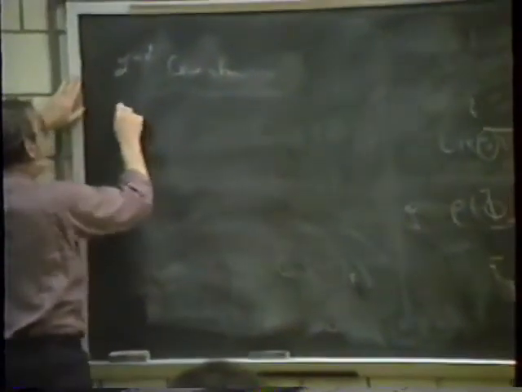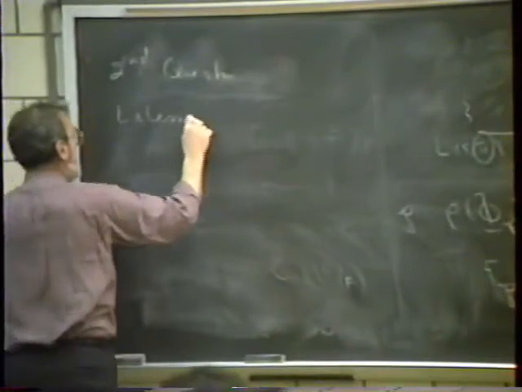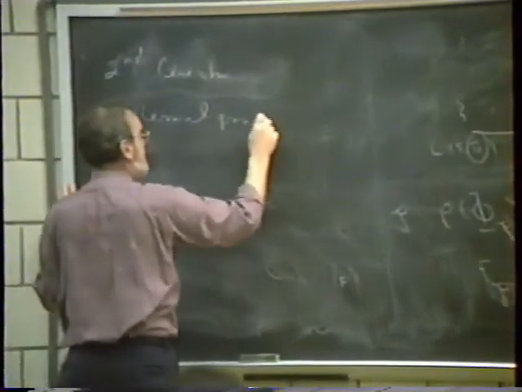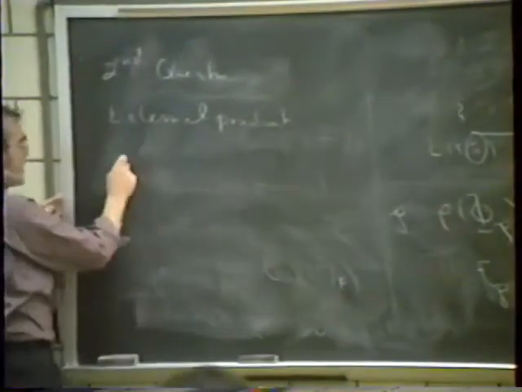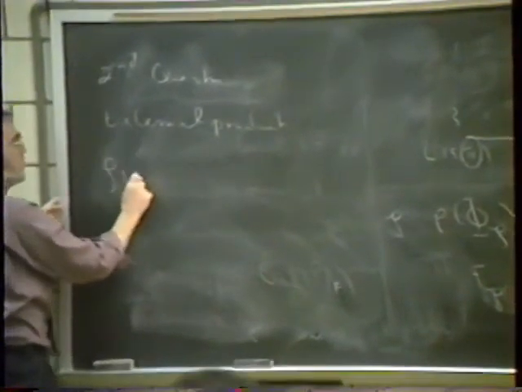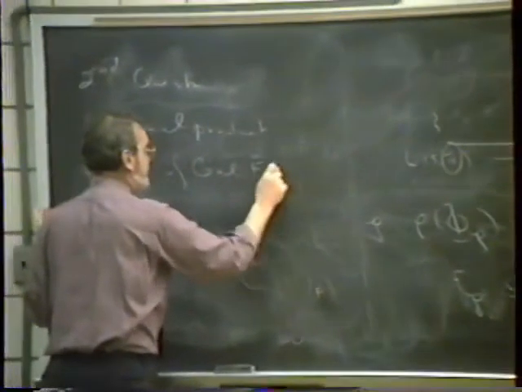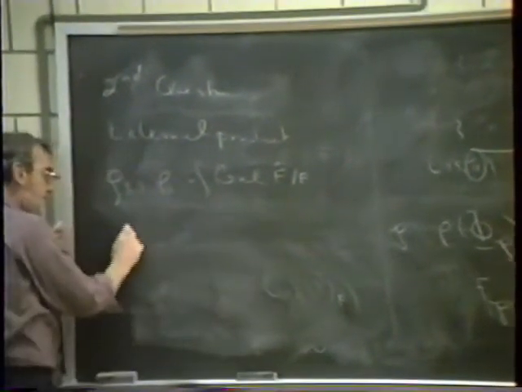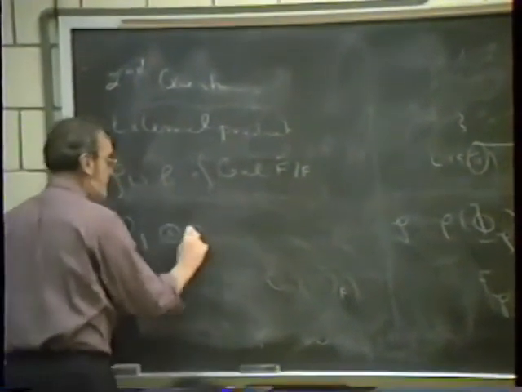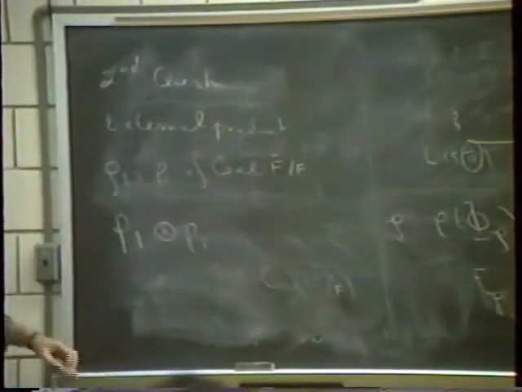Okay, now the second question is that of the external product. See, suppose we start off now from two representations, rho 1, rho 2, of the Galois group of F bar over F. Then another trivial operation is to build the tensor product.